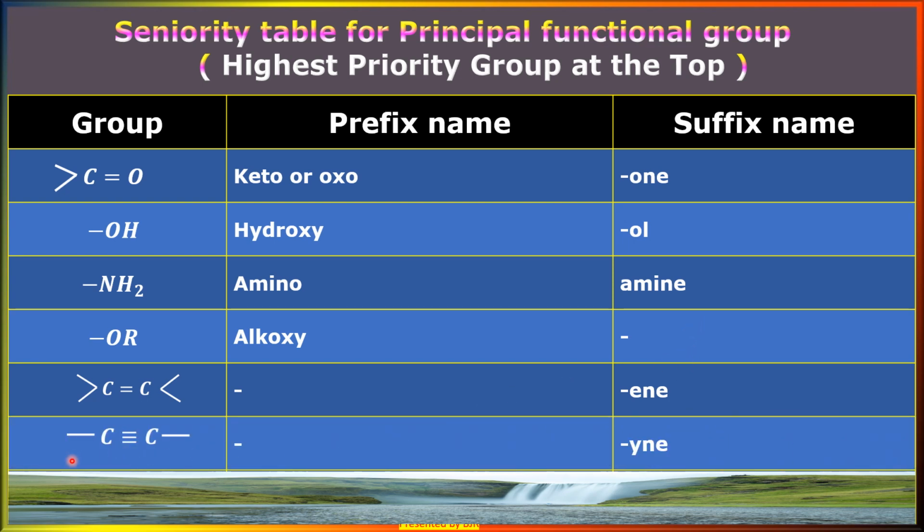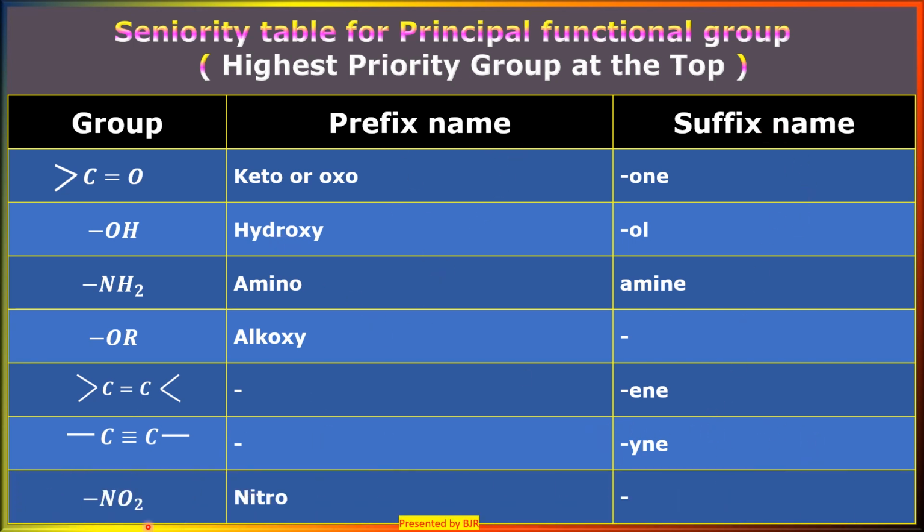Next, C triple bond C, there is no prefix name for this. The suffix name is "-ine". NO2, the nitro group, is always used as a substituent only. It can never be used as a principal functional group. For that reason, there is no suffix name for it. Only the prefix name is there. It is nitro.